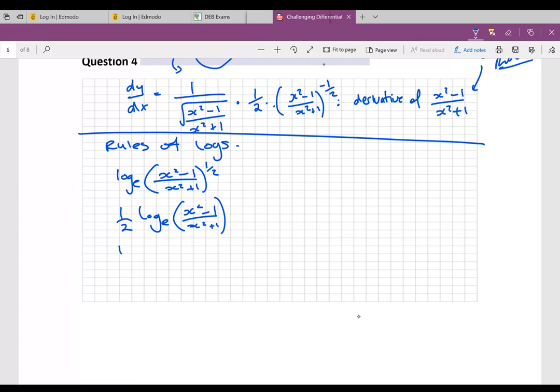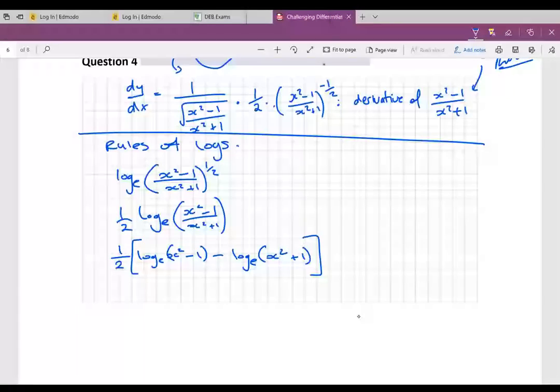Also, your rules of log: take a half, log e of (x squared minus 1) minus log e of (x squared plus 1). This makes it an awful lot easier.